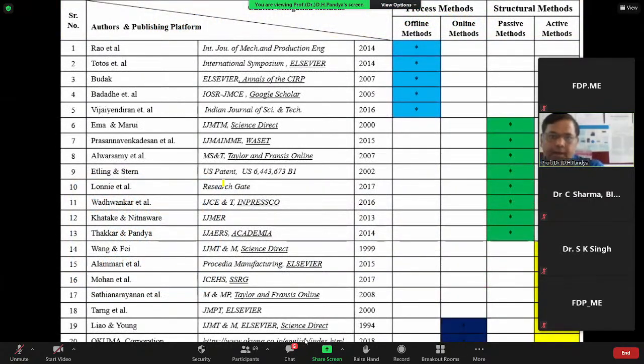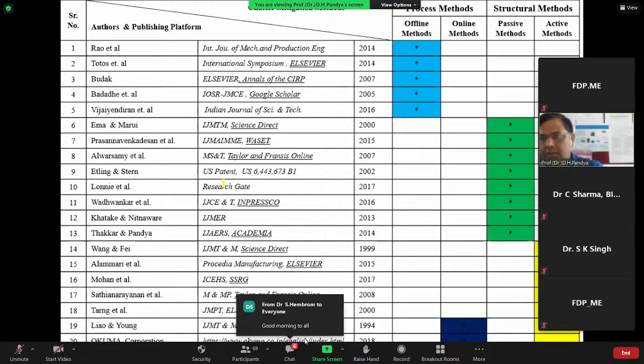Now, based on a number of literatures from recent years and the most citable research we took in our literature review, most of the work has been done in structural methods, either passive or active.